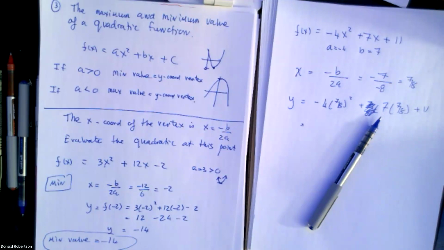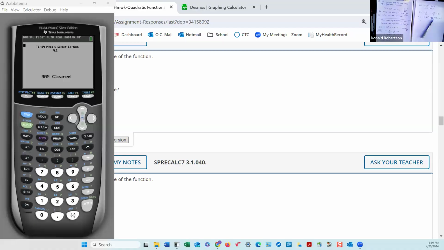So I need to do negative 4 times 7/8 squared. I'm then going to add 7 times 7/8. And then I'm going to add 11. And when I hit enter, a horrible decimal will appear.